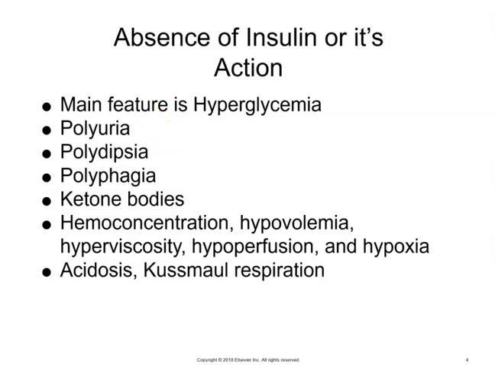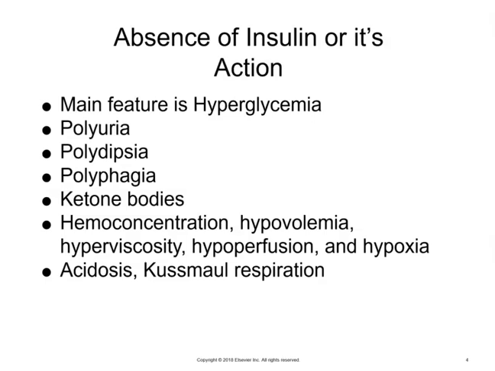Again, we have a problem when the body either does not produce enough insulin or when the cells are resistant to the insulin. When this occurs, the body turns to the breakdown of fatty acids as its source of energy. This releases ketone bodies and can lead to ketoacidosis.